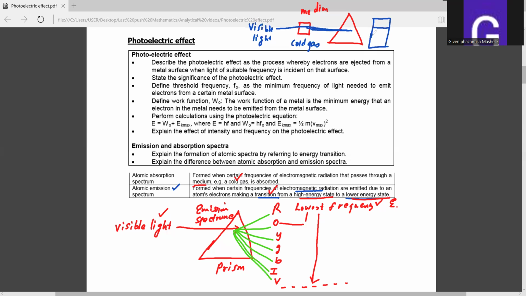So it will not produce all the colors like a rainbow, but it will produce based on the medium.